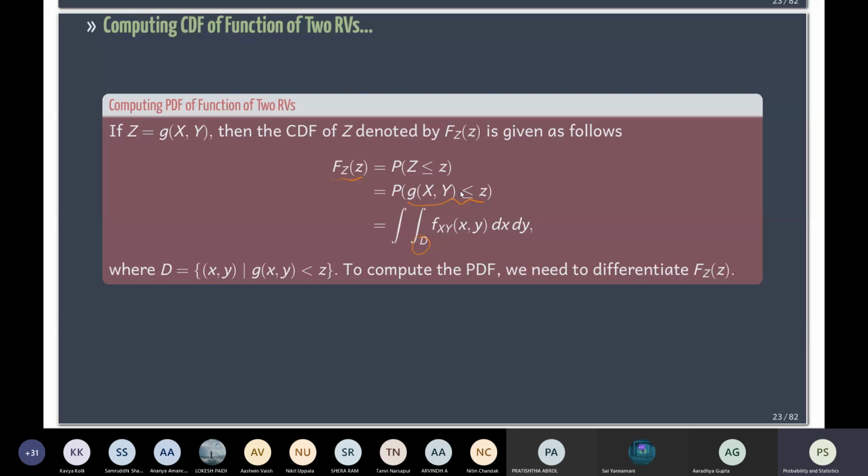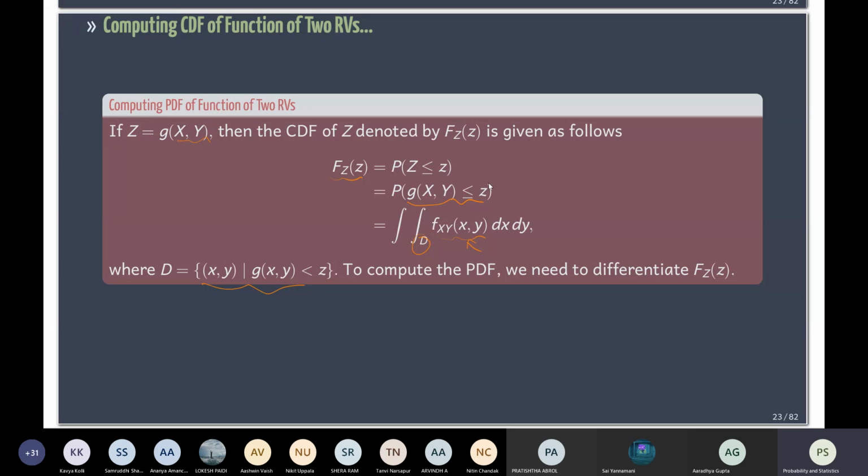That will be found from here, and the possible ranges for x and y will determine this region, and then I will just put the joint PDF of x and y. The limits will involve x and y, and the z will appear somewhere here.